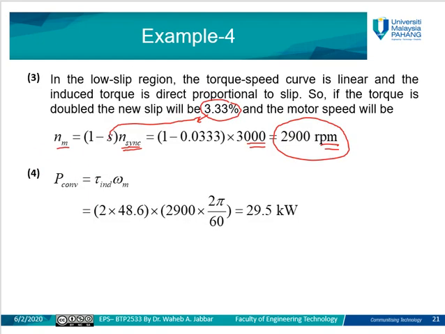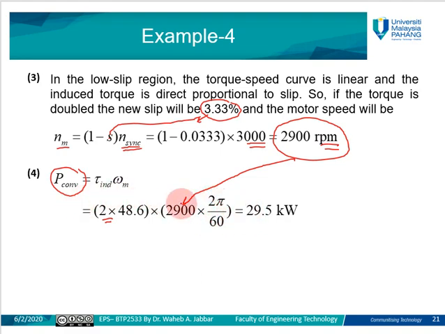So I have the new torque, which is 2 times 48.6, and I need to find the new power, or the new converted power, or new output power. So the torque is times 2, and the speed omega m is the new speed at the doubled torque, which is 2,900, converted into radians per second, so multiply by 2 pi over 60.